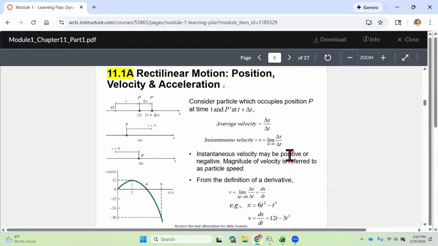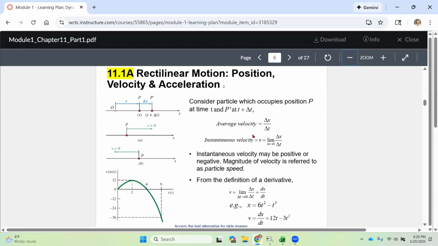The next thing we use to further define motion is how fast it's going. What is its velocity? Now, velocity can be in terms of average velocity or instantaneous velocity. Average velocity is when we've covered a large distance over an amount of time.